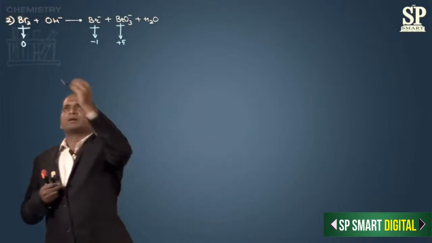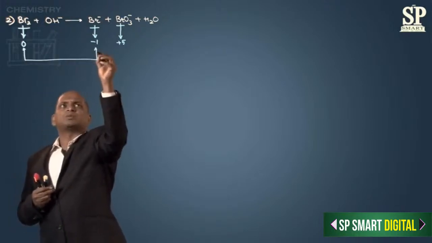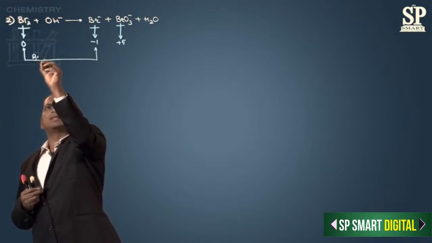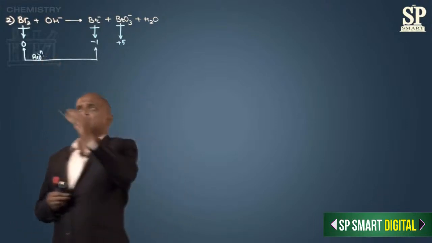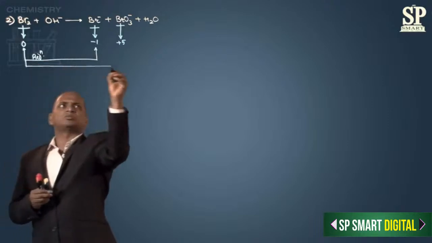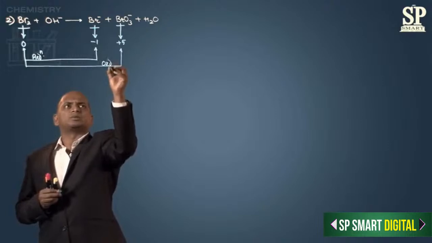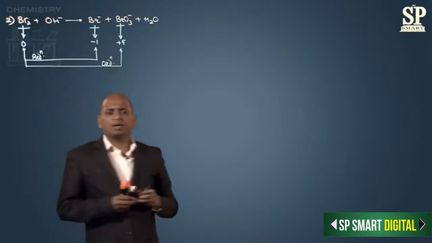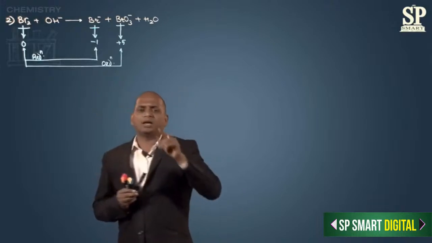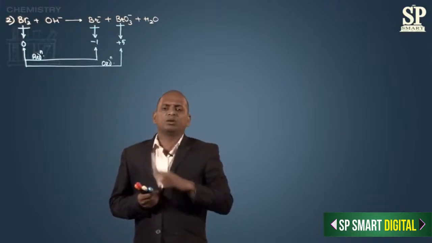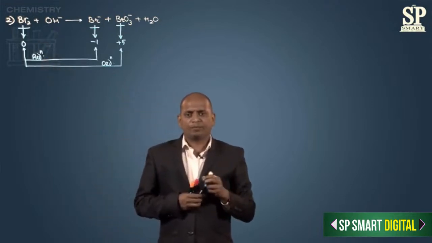Here we have 0 to minus 1, a decrease in oxidation number, so reduction, and 0 changes to plus 5, so here we have the oxidation process. This way we have two reactions, oxidation and reduction, which involve one reacting species, that is Br2.